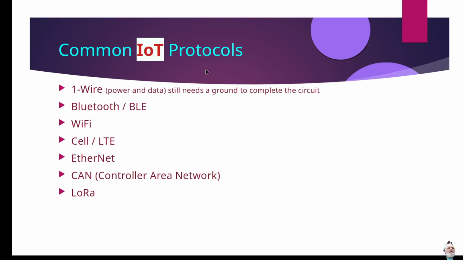Some other protocols, well, some of these we've already sort of mentioned, but a few of these are geared directly toward Internet of Things type applications. And so those are 1-Wire, which is a little bit misleading, and it kind of implies that you can do communications with one wire, but remember you still need a ground wire.